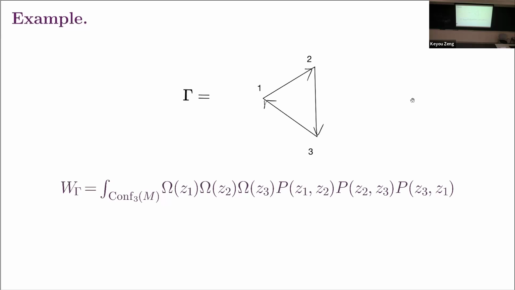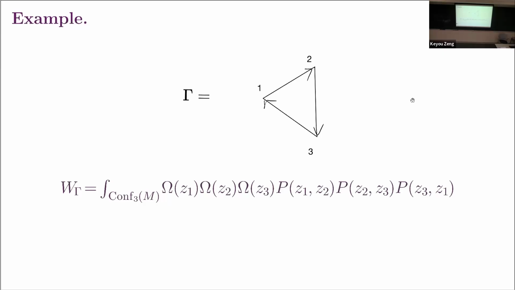Then for each edge, we assign a propagator. For the edge from 1 to 2, we assign P(Z1, Z2). For the edge from 2 to 3, we assign P(Z2, Z3). And for this one, we assign this. And for each point, we assign the holomorphic volume form, omega Z1, omega Z2, and omega Z3.